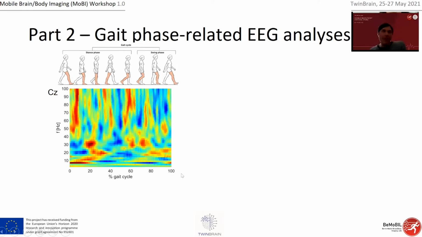But what we found here is a modulation at around 30 hertz that is quite similar to the one we showed before, meaning in the gait cycle defined from 0 to 100% here. This corresponds to this gait pattern. And again, it's a bit more noisy than in my previous presentations because it's overground walking, minimal cleaning, and a single subject.